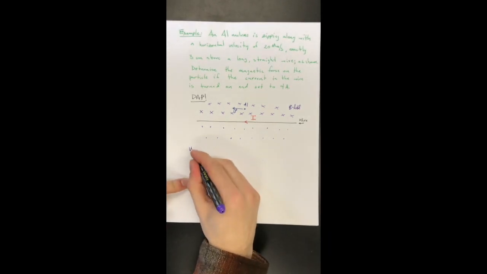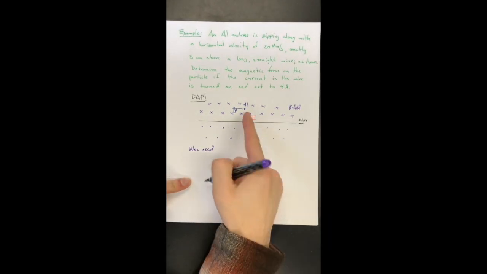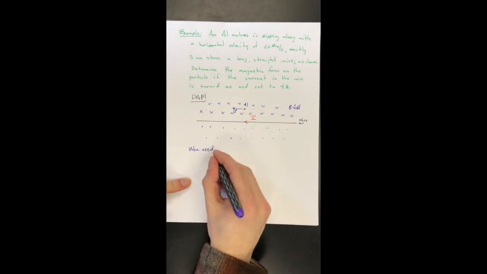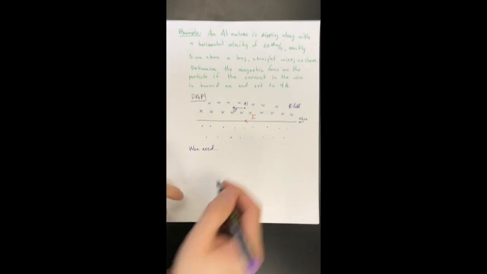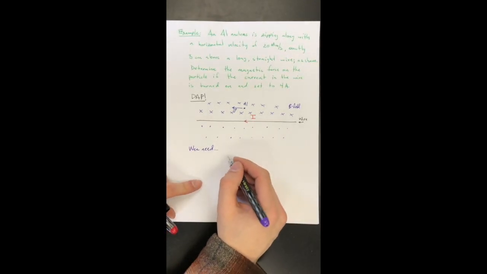So we need the magnetic force experienced by the aluminum nucleus as soon as the current is turned on. That means we should first try to determine the direction of the force.